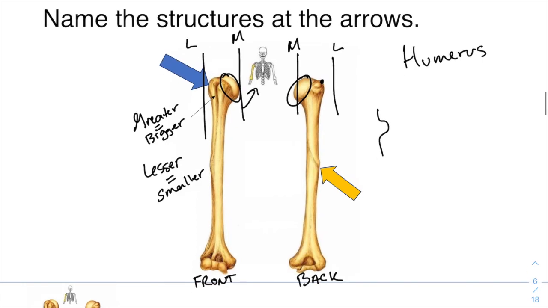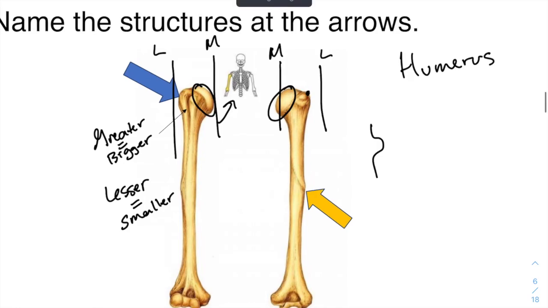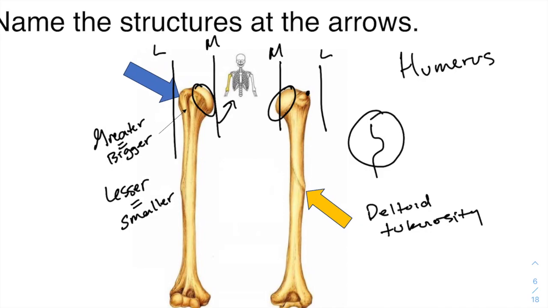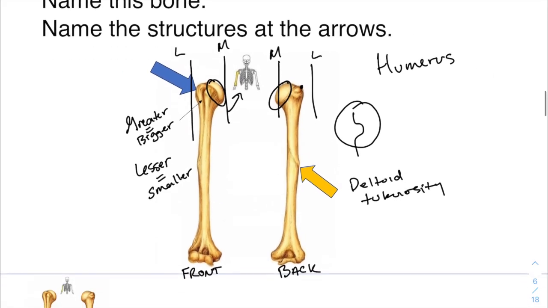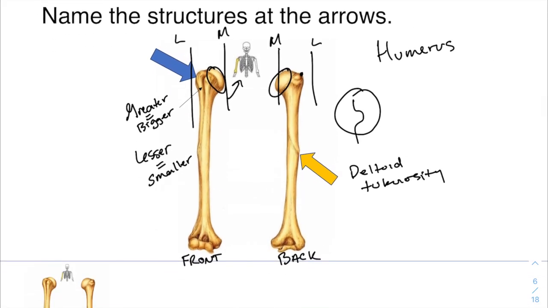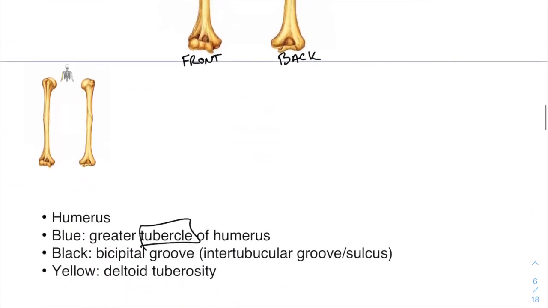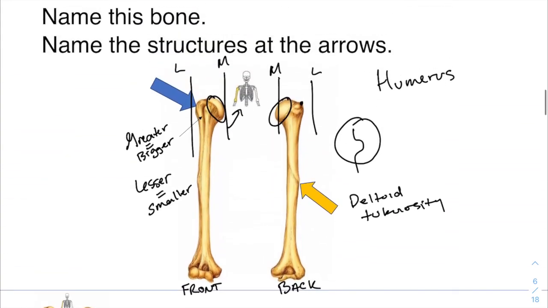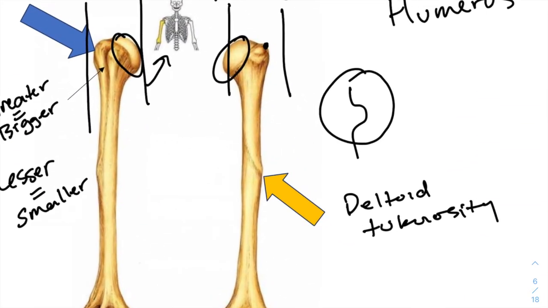So now let's pay attention to the green arrow. The green arrow is pointing at the deltoid tuberosity. Again, I said that any nubs of bone that are coming out, we call tubercles or tuberosity. And this specific pointy part, if we were to call it that, is the deltoid tuberosity.